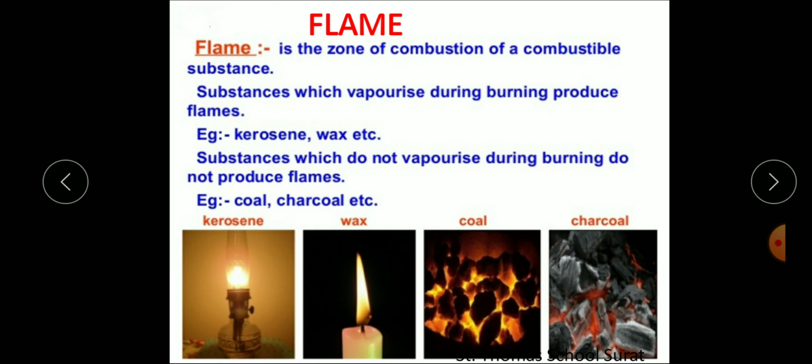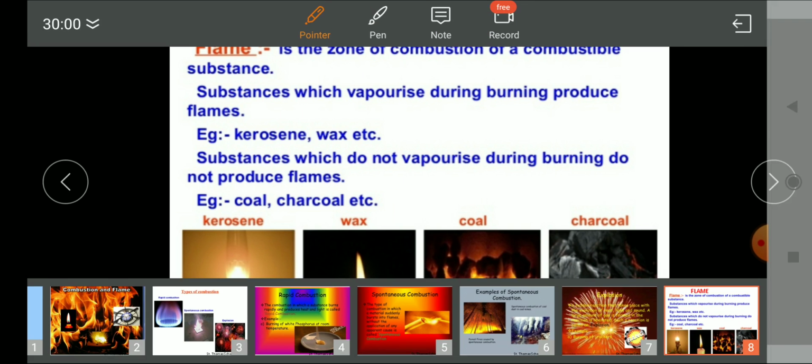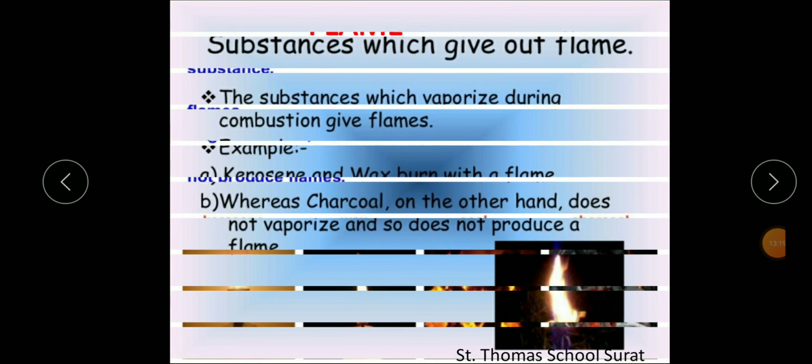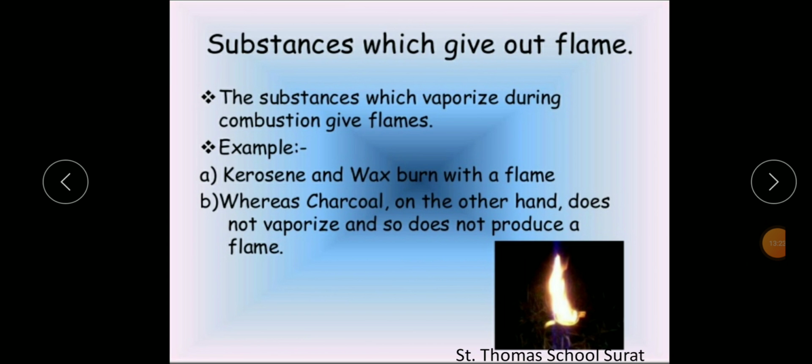Understood? This is what about the flame. Flame is a zone of combustion of a combustible substance. There are two types of flame. One which vaporize during burning, they produce flames, and other which do not vaporize during burning, do not produce flames. Okay. See, here substances which give out flame. As I told you, the substances which vaporize during combustion, they give flames.